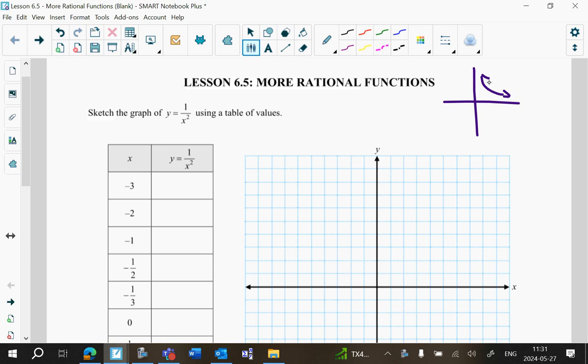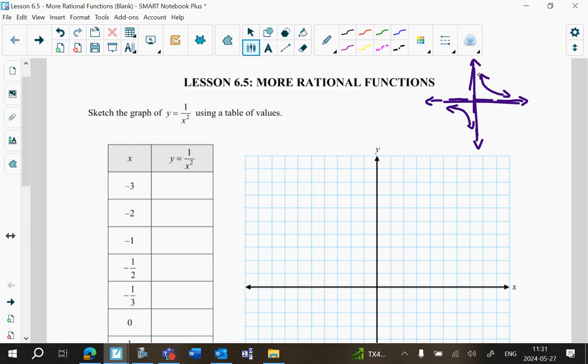You don't have to do this, but it looks something like this. There were two portions to the graph, okay? And then we had a horizontal line that our graph will never touch called an asymptote. And then there was a vertical line that our curve didn't touch. That's the vertical asymptote.